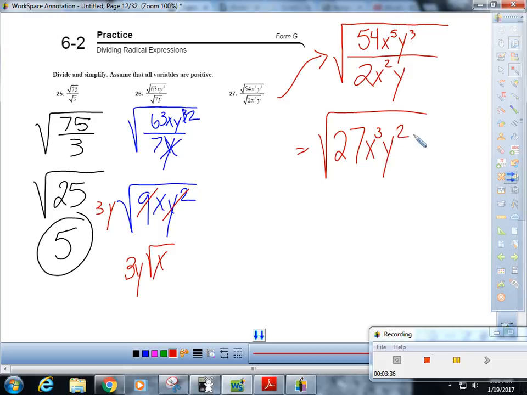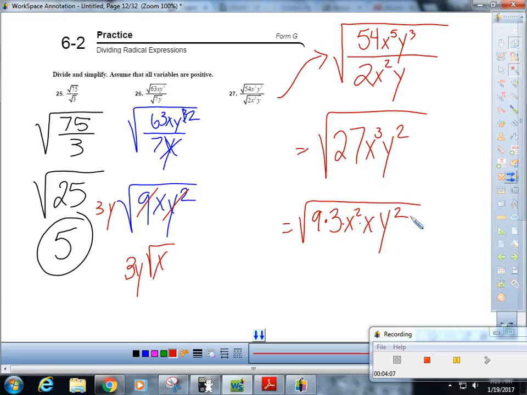Y squared, okay. Before I take out that y squared, I've got to go back and re-practice what we did yesterday. 27 is not on that list of perfect squares, but 9 is. So let's rewrite that as 9 times 3. And let's write x cubed as x squared times x. And then we'll just rewrite our y squared.